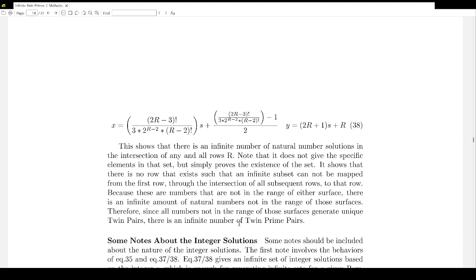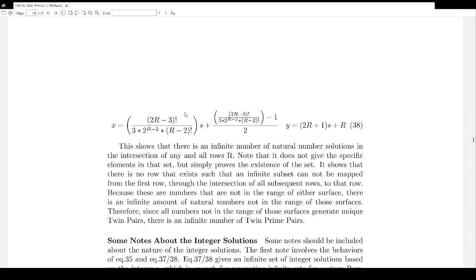Because these are numbers that are not in range of either of the first two surfaces, there is an infinite number of natural numbers not in the range of those surfaces. Therefore, since all numbers not in the range of those surfaces generate unique twin pairs, there's an infinite number of twin prime pairs. Basically, we've shown that at some level of the density of those numbers, there's an infinite number that are always on that third surface, so not on the first two surfaces.